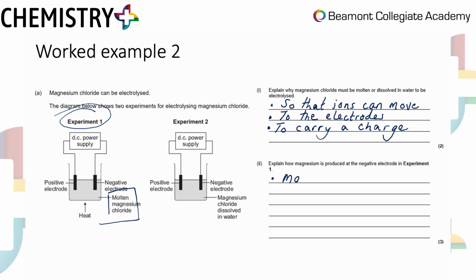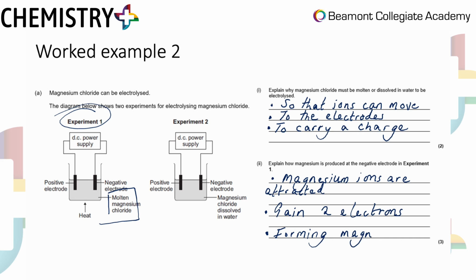So magnesium ions are attracted to the negative electrode. What happens there? They gain 2 electrons. And what do they form? Forming magnesium atoms.